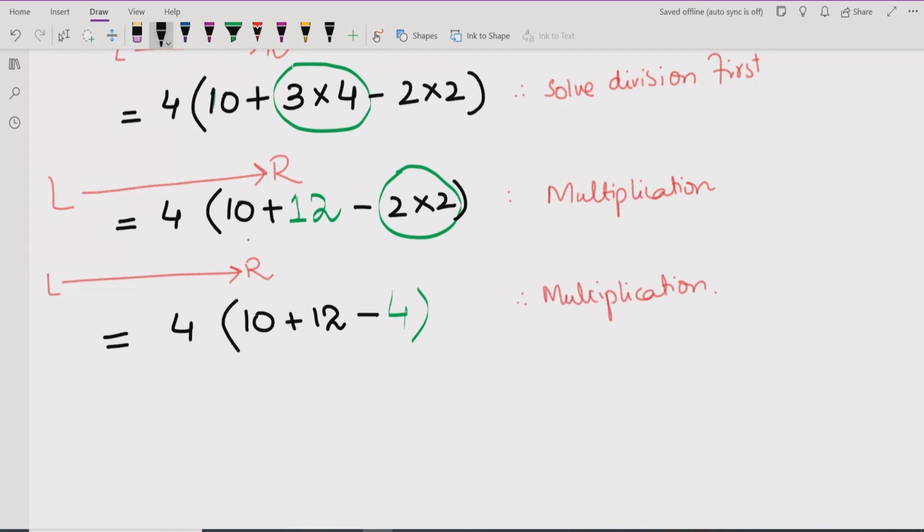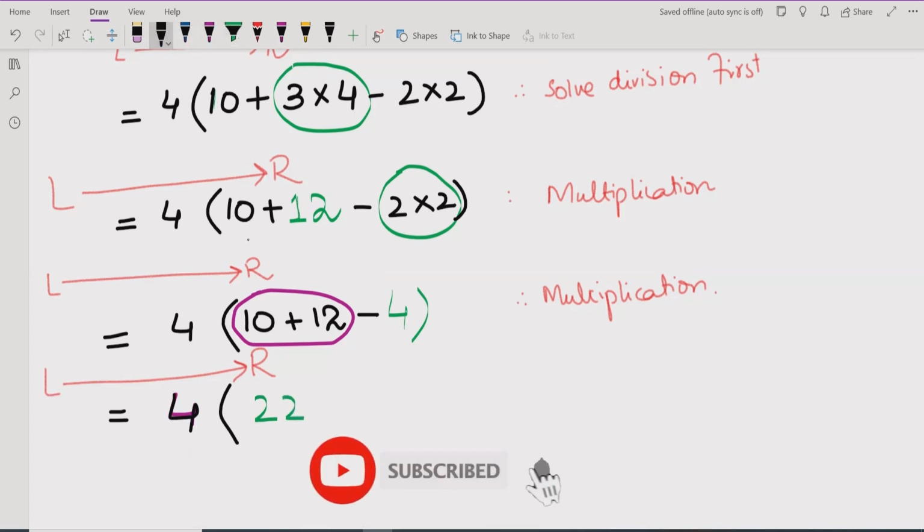Now we move forward and check again left to right. As per the rule we can solve this one, 10 plus 12, which is 22. Again minus 4, and we write it as it is.